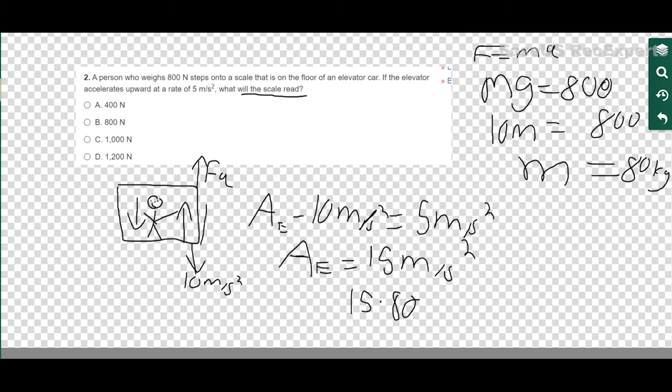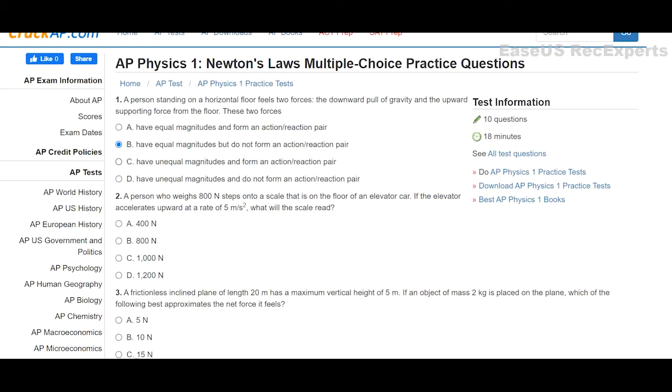This person wants to stay at 0 meters per second squared, but they're now being pushed down onto the elevator at 15 meters per second squared. You can think about it like that. So we use F equals ma, where we're trying to find F, and we found m and a. We multiply and get 1200 newtons, which corresponds to choice D.